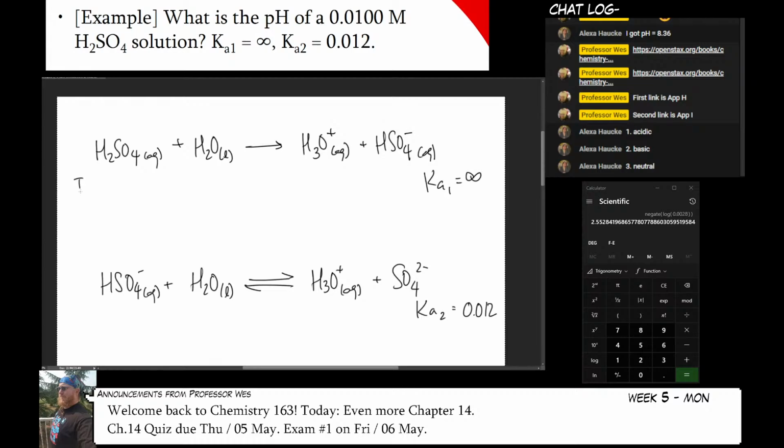So initially, I have this much in here. And this is water, nobody cares. Essentially 0, and then actually 0. And then after the reaction is done, this doesn't go to equilibrium, so I'm not going to write an equilibrium table. So this is done.